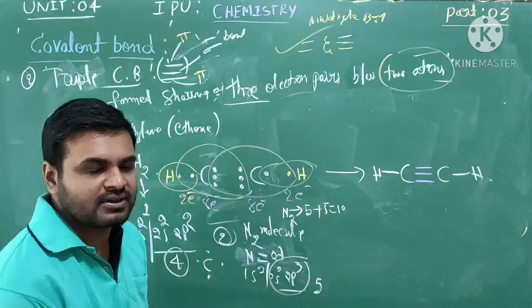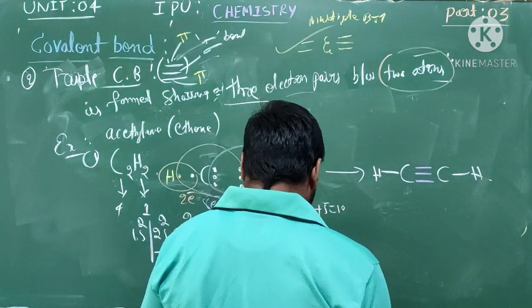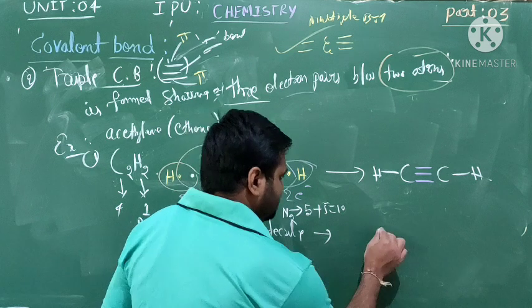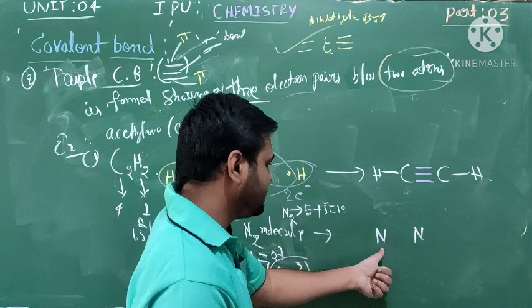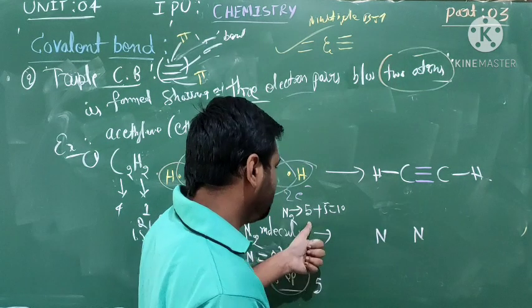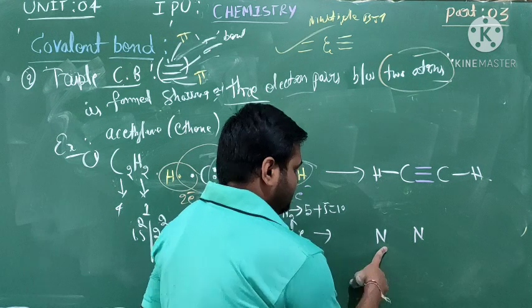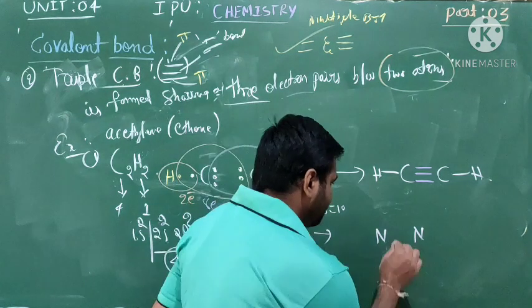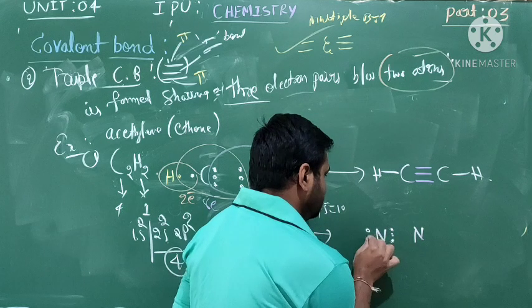In these 10 we have to share. So let me take nitrogen. One of the nitrogens has 5 electrons. This is an example of a triple bond. A triple bond means sharing of 3 electrons: 1, 2, 3. The remaining 2 are right here.